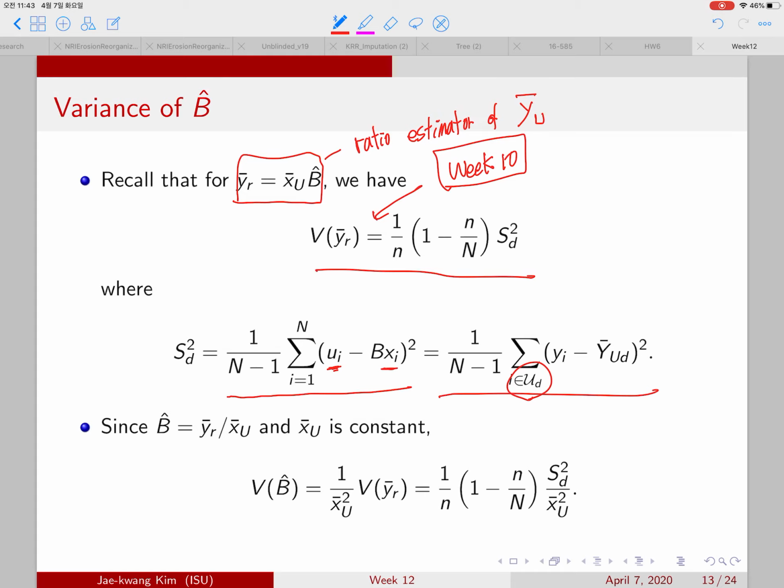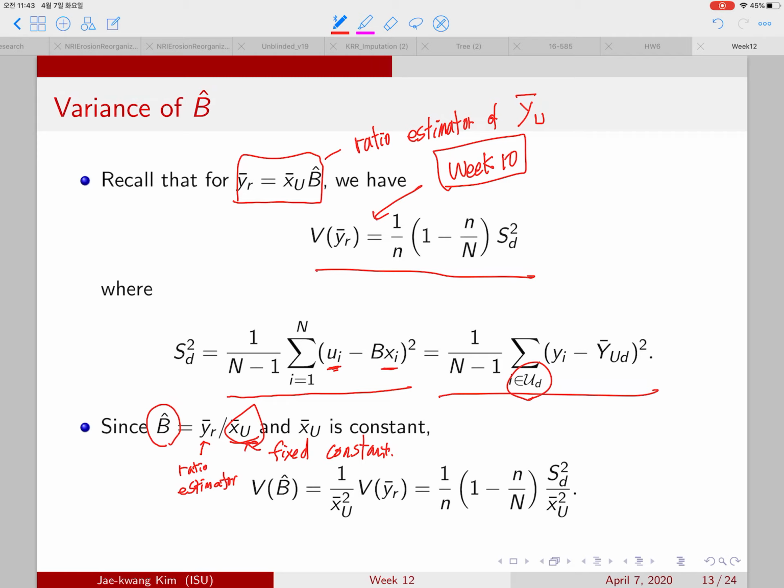So now what we are interested in is the variance of p hat. p hat is the ratio estimator divided by the population mean of x, which is a fixed constant.